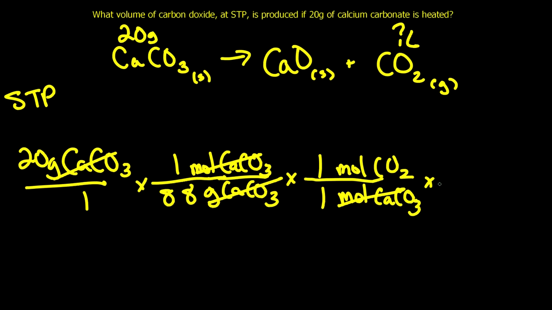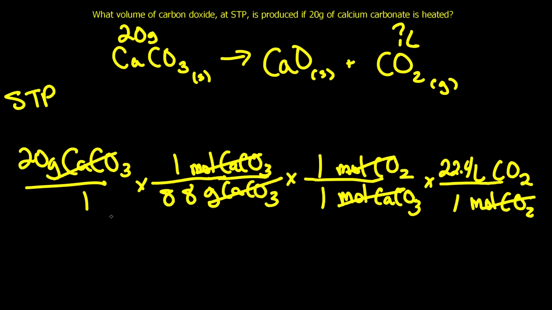Once I got moles of carbon dioxide, I want volume of carbon dioxide. So moles CO2 go on bottom. Liters of CO2 go on top. So 1 mole of CO2, since it's STP, is going to be 22.4 liters. That'll cancel out my moles of CO2. And now I can just do some math.